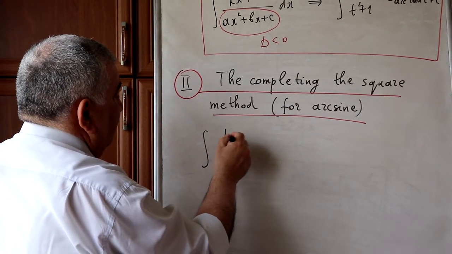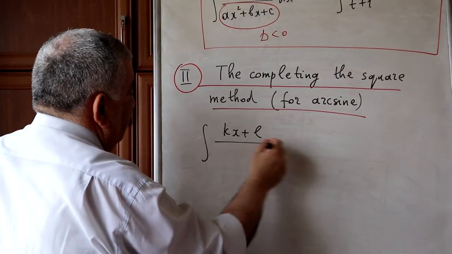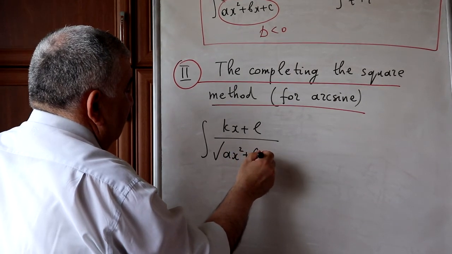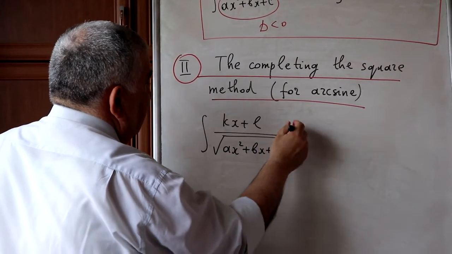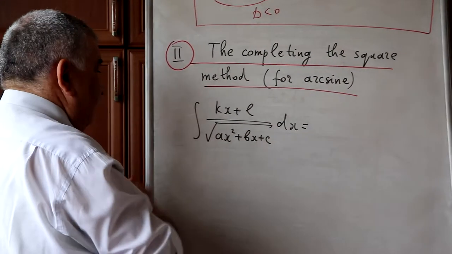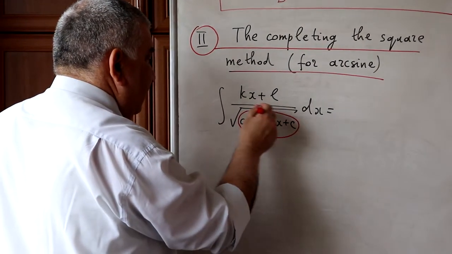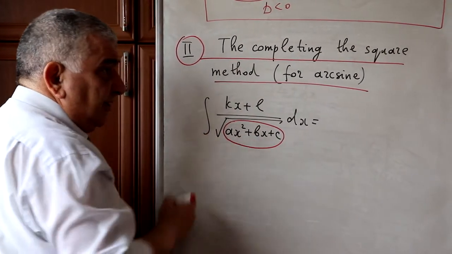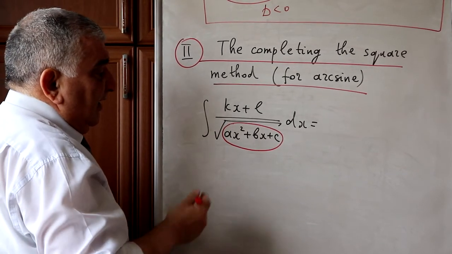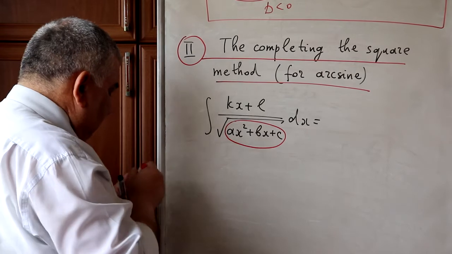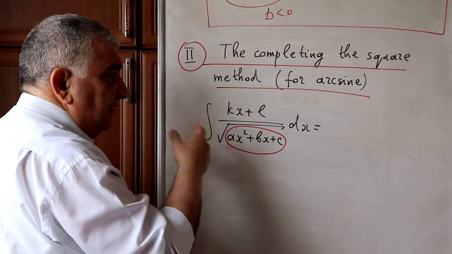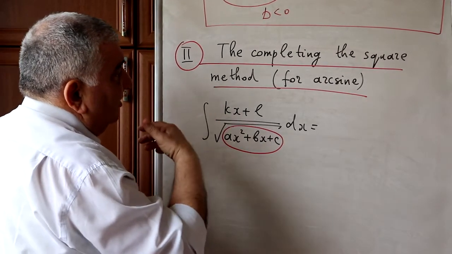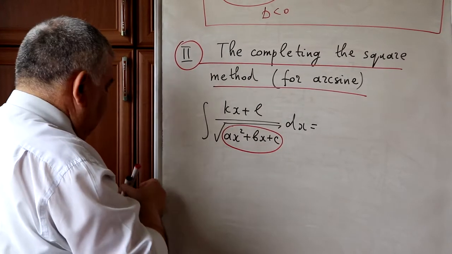Integral of kx plus L over square root of ax squared plus bx plus c dx. If the quadratic expression under the root has a positive discriminant and a negative first coefficient, then we can use the completing the square method.